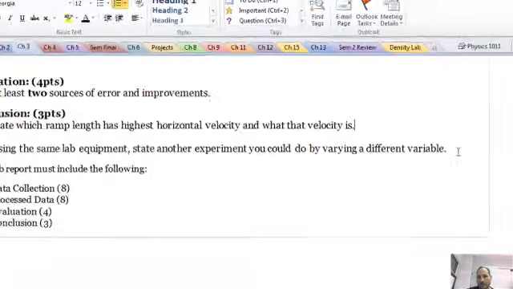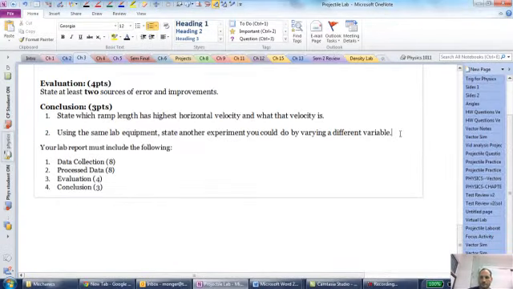And then the one last thing, which frequently scientists and students are asked to do, is to come up with another experiment you could do with a different variable. To give you some examples, that could be the height of the table, the size of the ball, the mass of the ball. It could be the angle of the track, longer lengths of track.